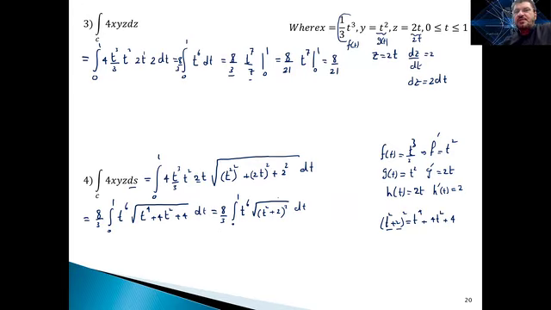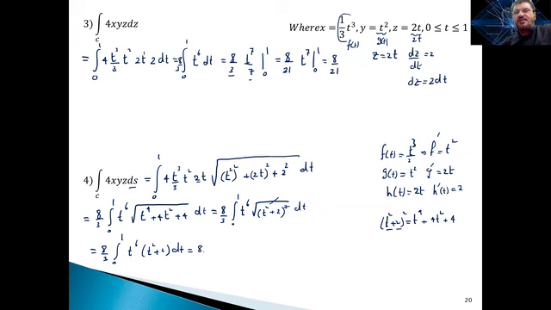So what happens now? The square root cancels the square. So what am I left with? The 8 over 3 integration from 0 to 1 of t to the 6 times t squared plus 2 dt. What can we do here? We can expand it.